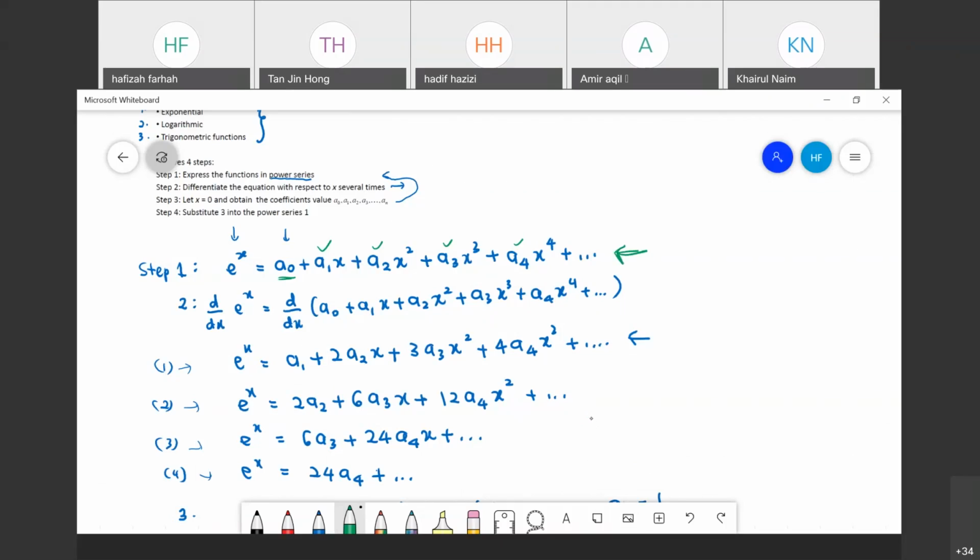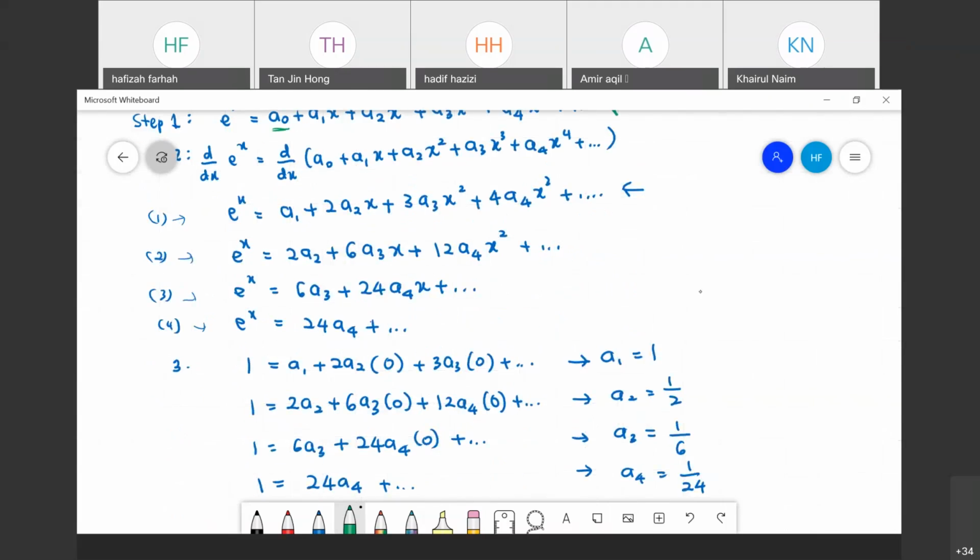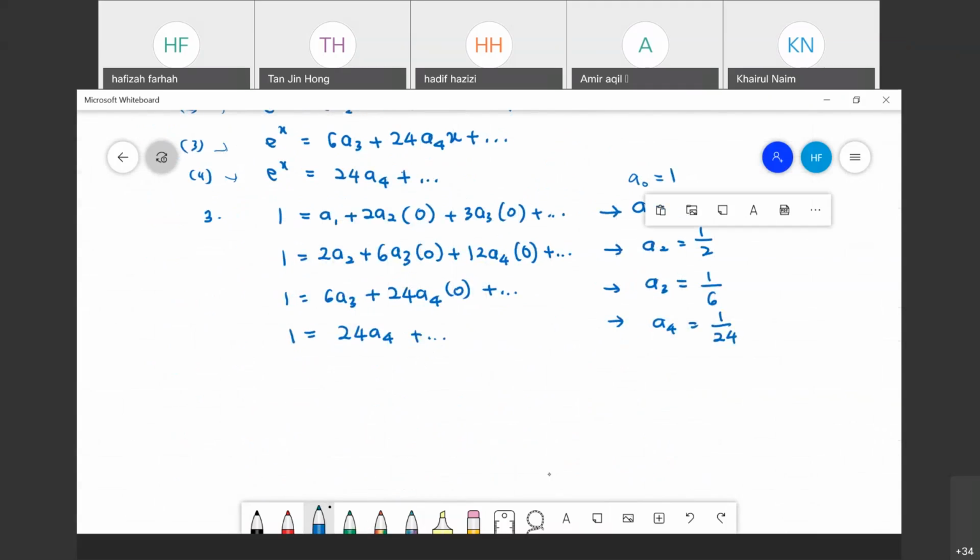Equation ni. So now we have our a naught which equals 1. Okay, now what we need to do is substitute all this into the equation.